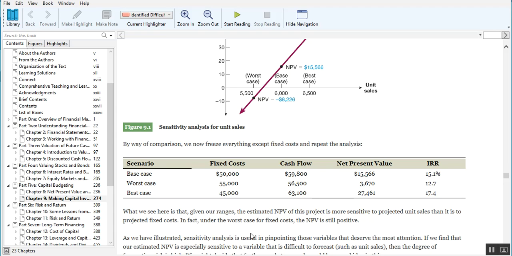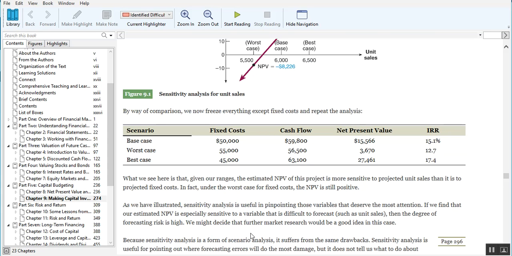So, by way of comparison, we now freeze everything except fixed costs and repeat the analysis. In this case, given the ranges, the estimated net present value of the project is more sensitive to projected unit sales than it is to projected fixed costs.